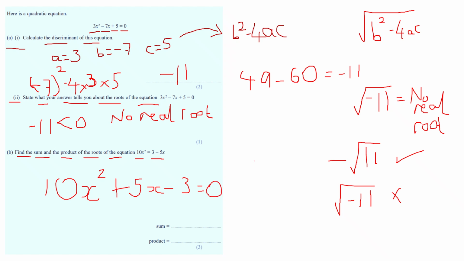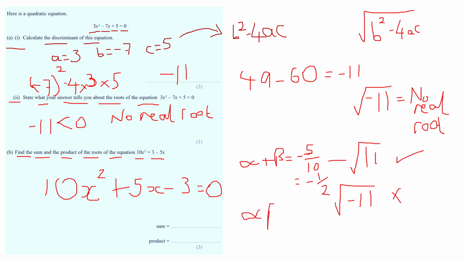The sum, alpha plus beta, is minus b over a, so that's minus 5 over 10. That can be simplified, divide top and bottom by 5. We get minus a half.